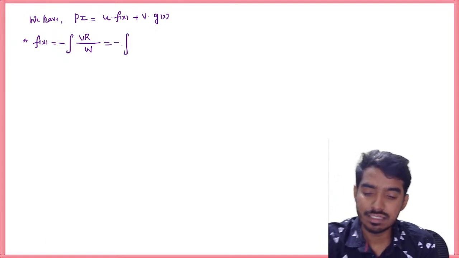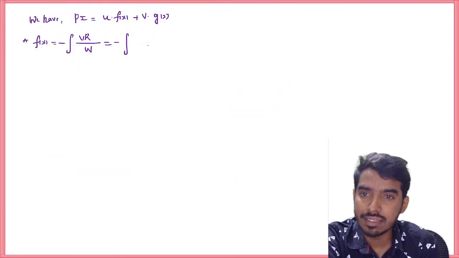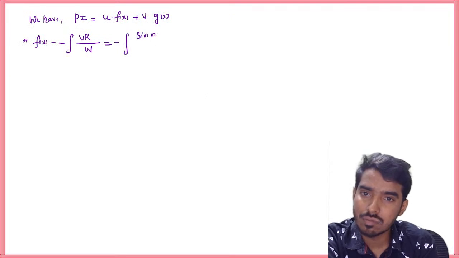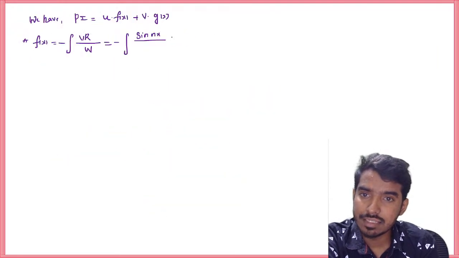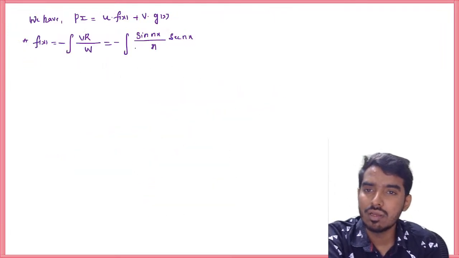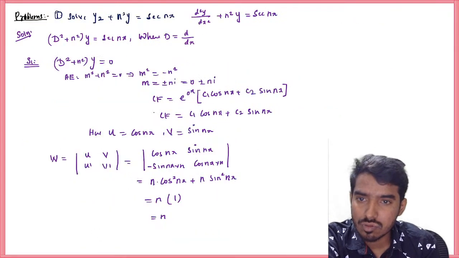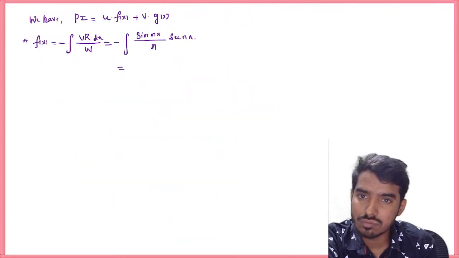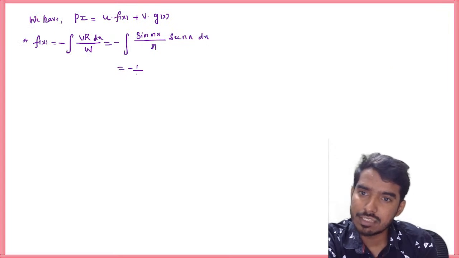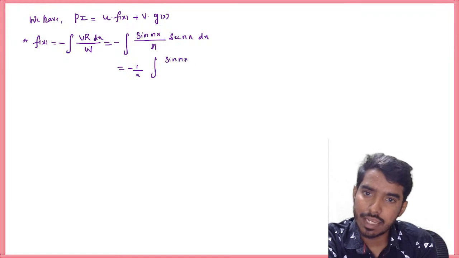So minus integration of, what is v? v is sin nx, into R. What is R? R is secant nx, by W. So W is n. Now you have to integrate this dx. So minus 1 by n integration of sin nx.